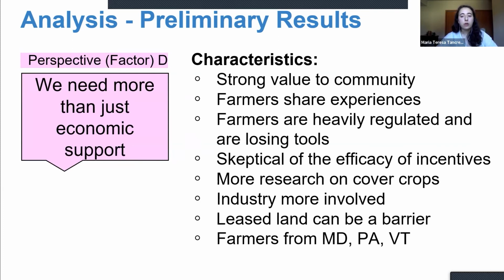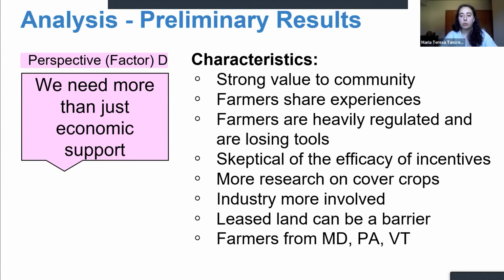They were skeptical of the efficacy of incentives, and mentioned how they feel that many farmers who are receiving incentives are doing it more for the economic benefits rather than having an actual belief in the benefits of cover crops. They would like to see more research on cover crops, and they would also like to see industry being more involved.